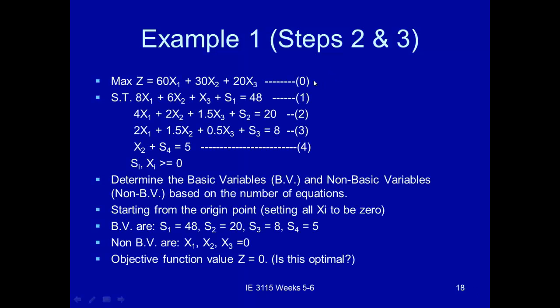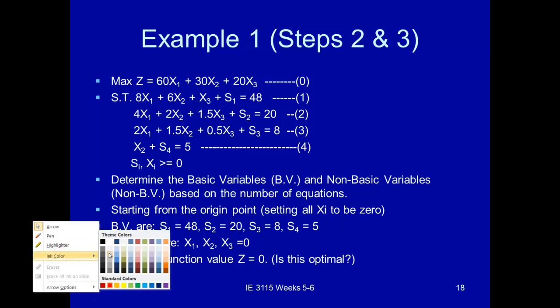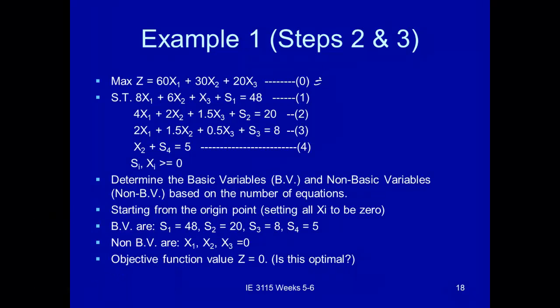Once we convert this one, it will be z minus 60 x1 minus 30 x2 minus 20 x3 equals 0. So that's the actual row 0.